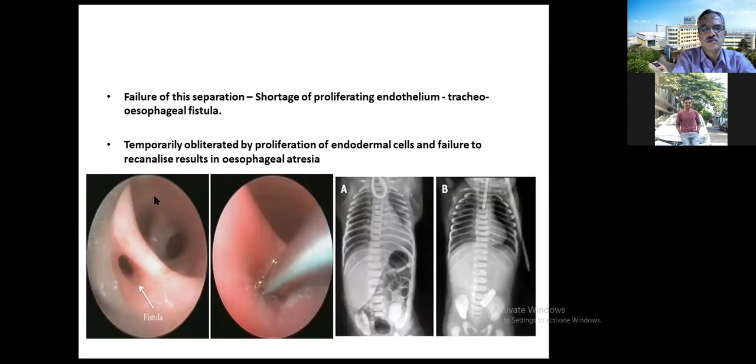Or else there can be a temporary obliteration or failure to recanalize of the endothelial cells, leading to tracheoesophageal fistula. In the right side of the image, we can see there is failure of the Ryle's tube to progress after a distance over the esophagus, and there is no air shadow that can be seen in the retrocardiac region.